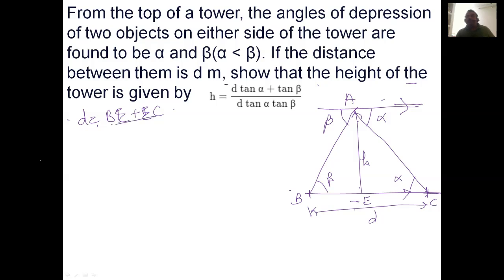So in the first triangle, triangle ABE, tan beta is equal to H upon BE.